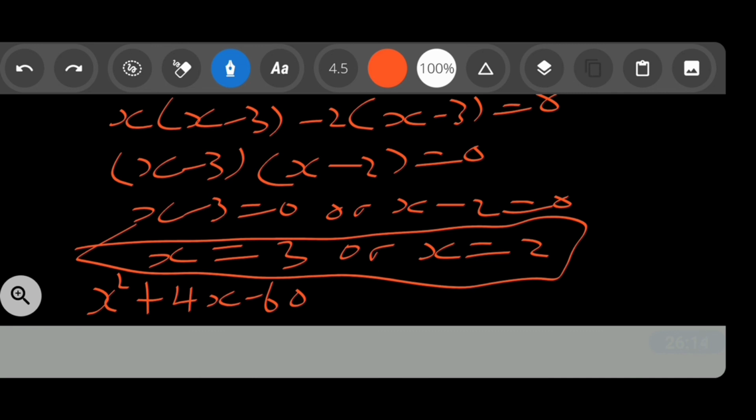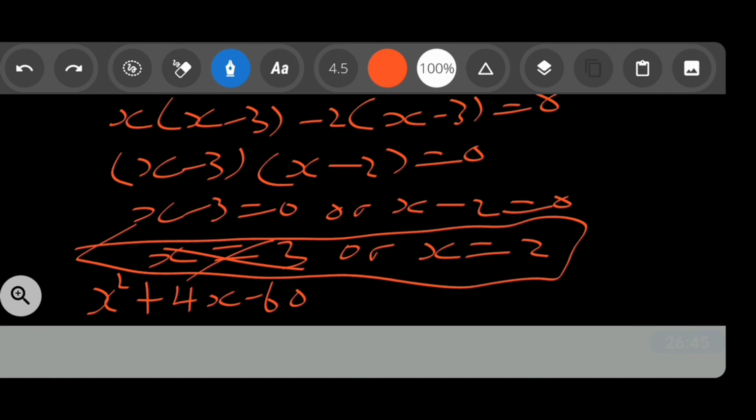When x is 3, we have 3 squared to give us 9 plus 4 times 3. 4 times 3 is 12, and 12 plus 9 gives us 21. Now, 21 minus 60 gives us minus 39. And minus 39 is not even.